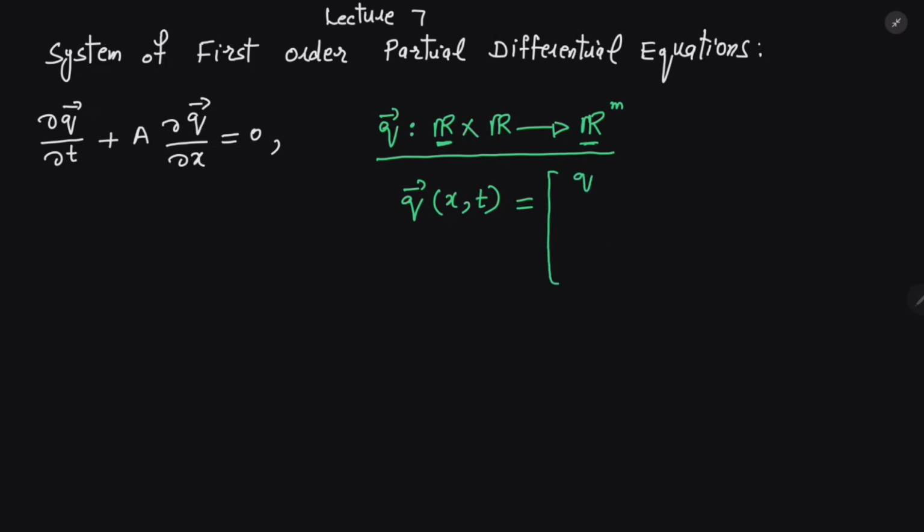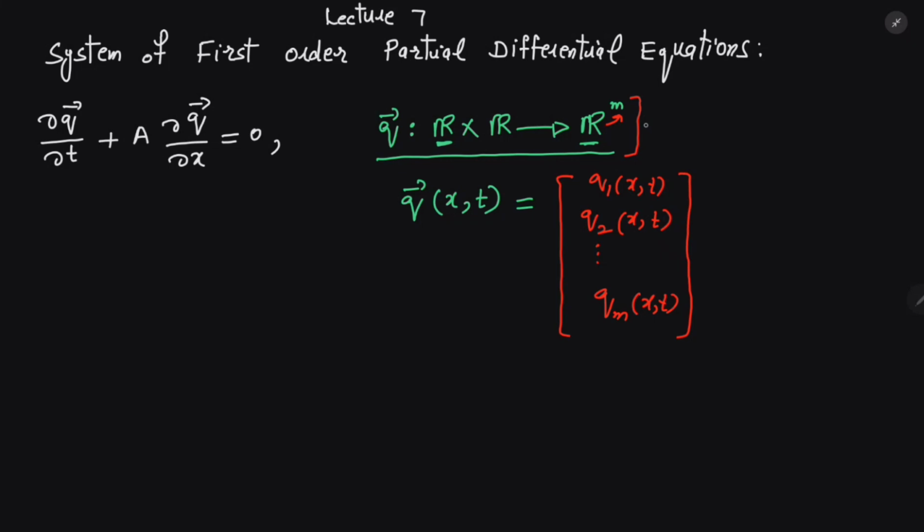That vector will be Q1 as a function of x and t, Q2 of x and t, and as you can see, in the output we have R raised to power m, so the output will be a vector of m components: Qm of x and t. So this is the way that we define a vector valued function.